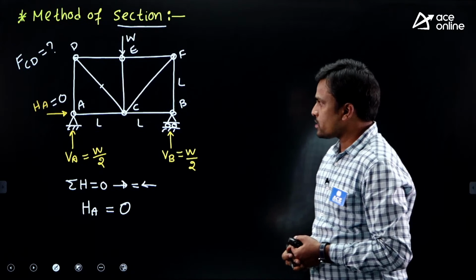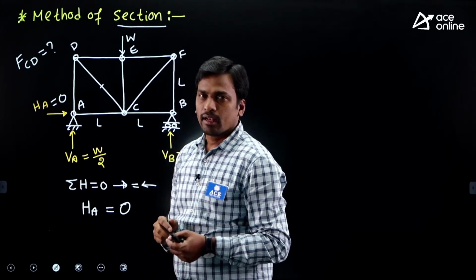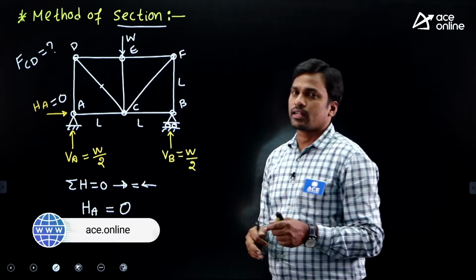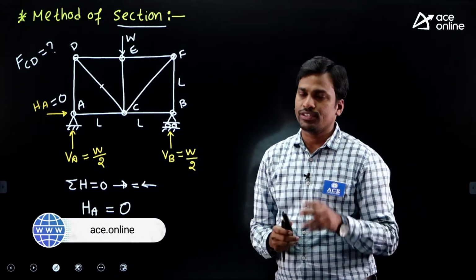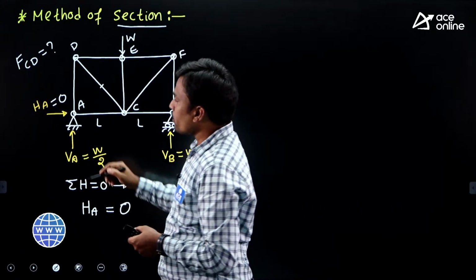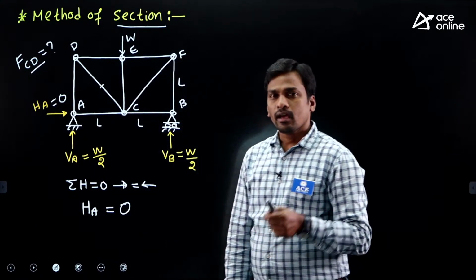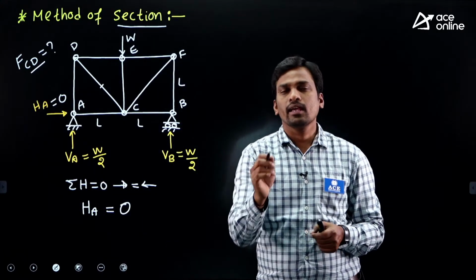Now students, I want to find the force in member CD. Then how to cut the structure depends upon two conditions. The first condition: in which member do we want to find the force? CD. Then cutting the member CD is compulsory.